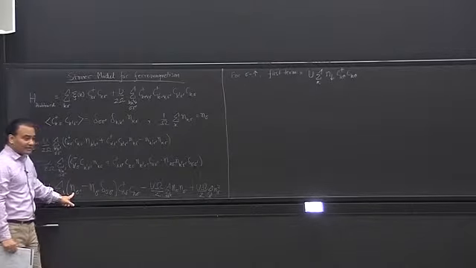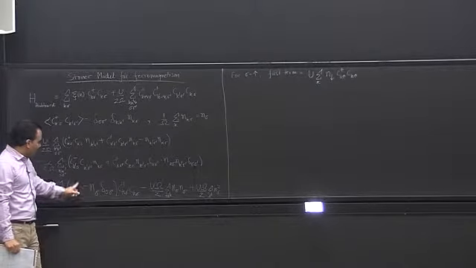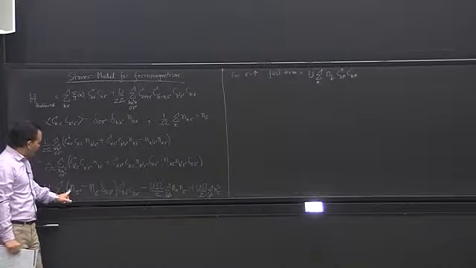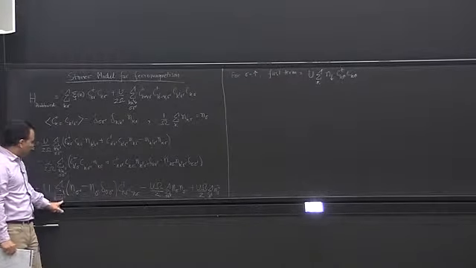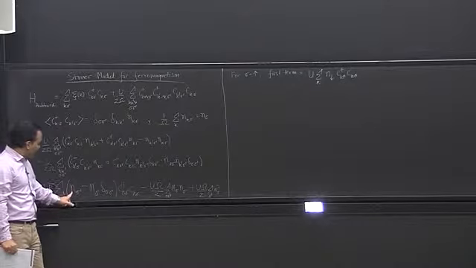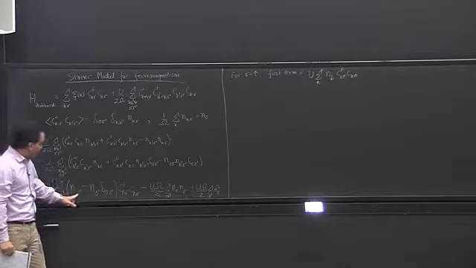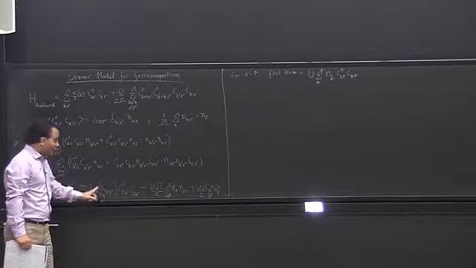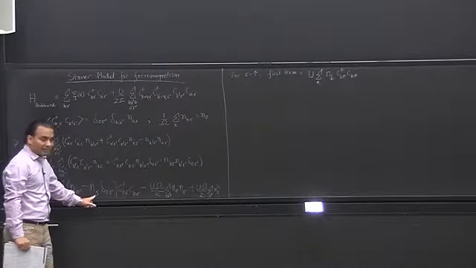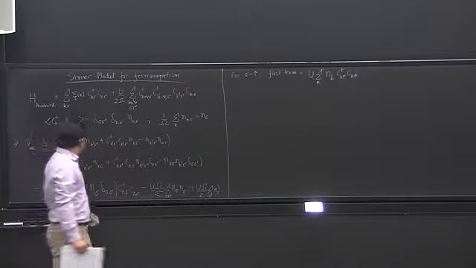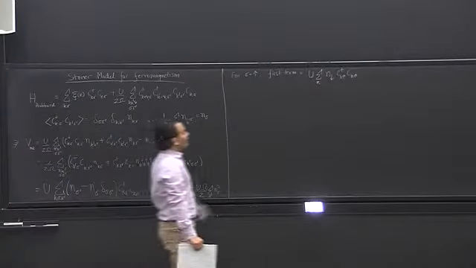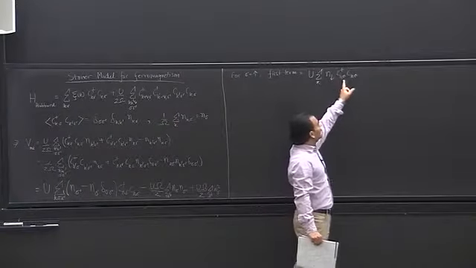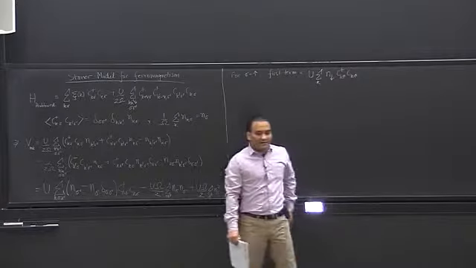But for this term, there is no delta function, so you get n up plus n down from this term because you have a sum over sigma prime. This other term will give you minus n up. As a result, when you do the sum over both sigma and sigma prime, you will end up with n down c_k up dagger c_k up.